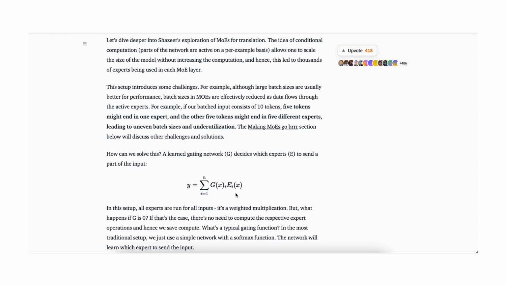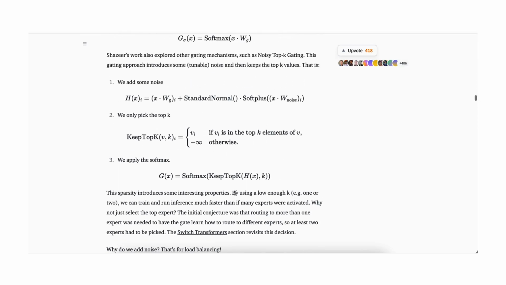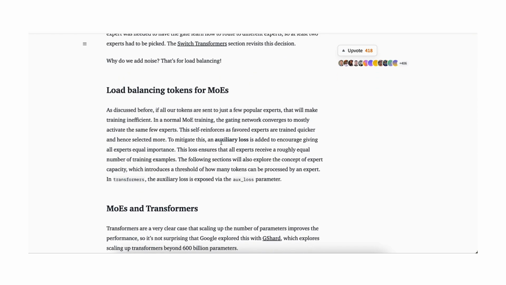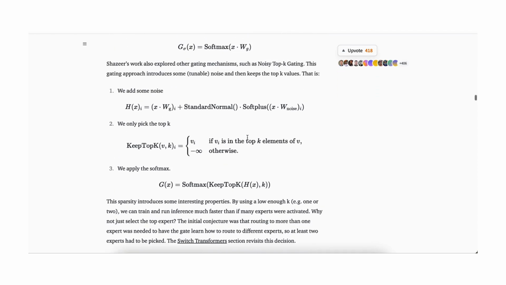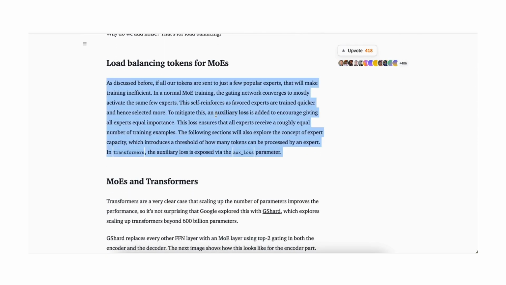So those are the two ways we can prevent one expert from getting trained and other experts from getting untrained. The other important thing we do is this auxiliary loss, another auxiliary loss we add, as I discussed before.